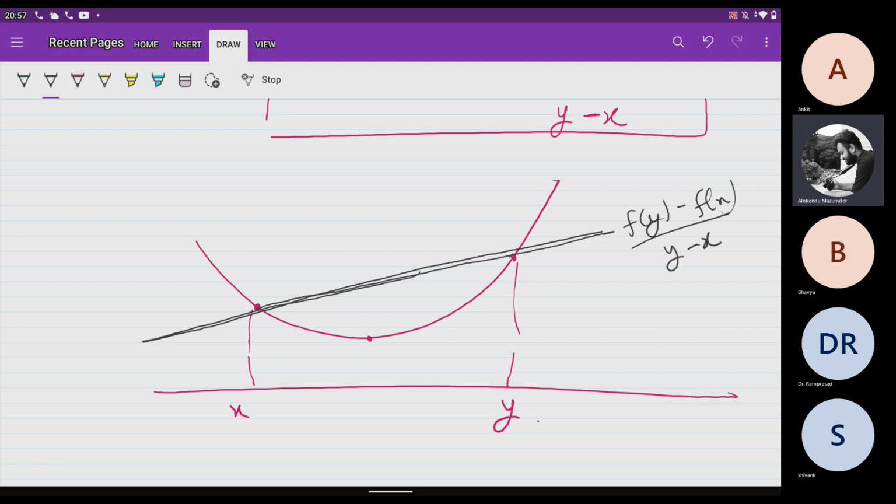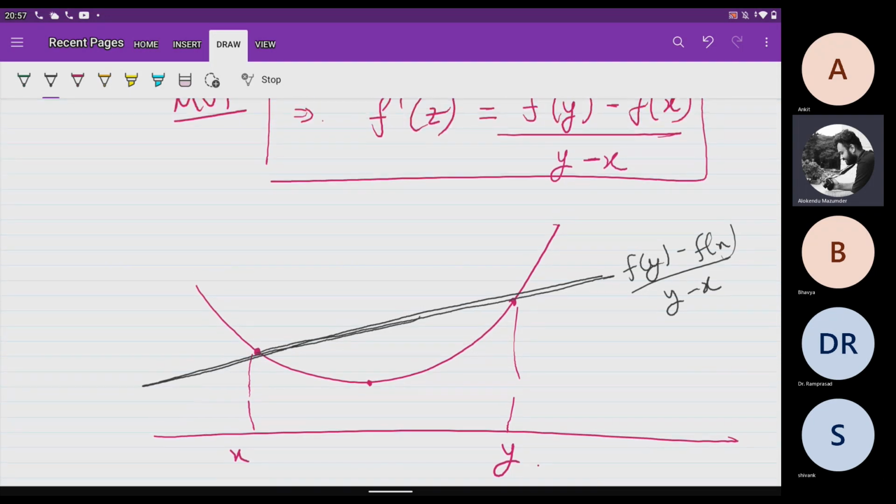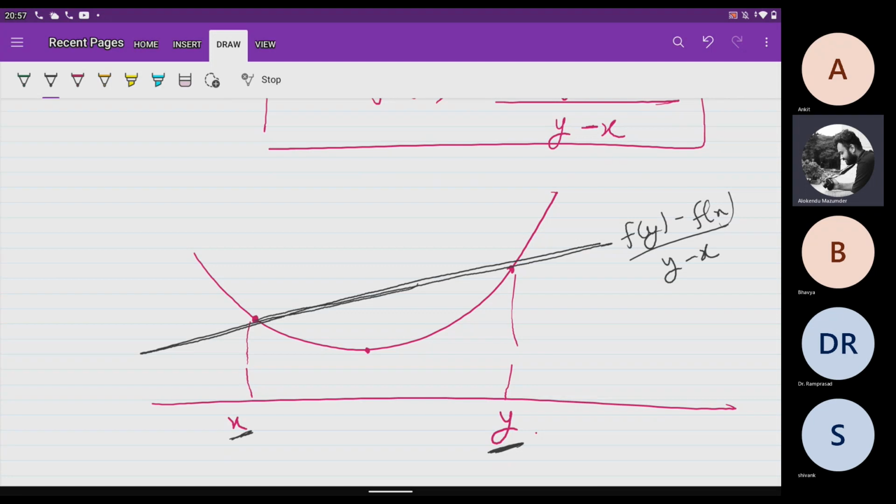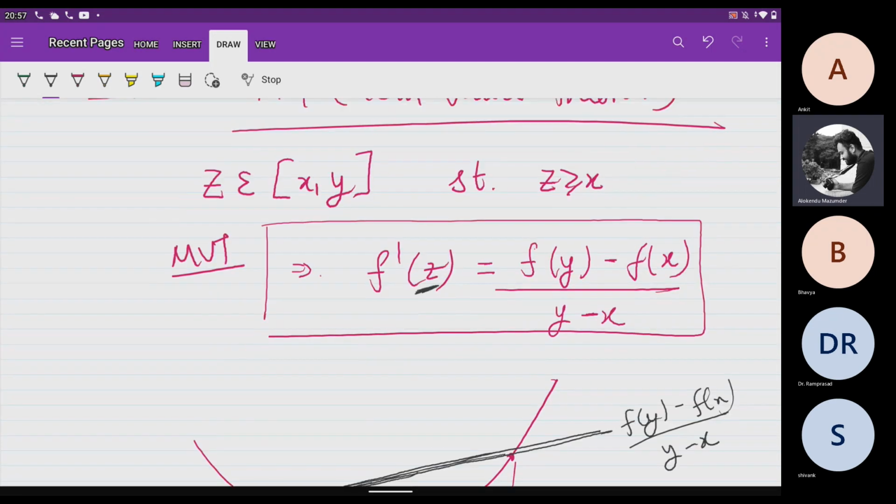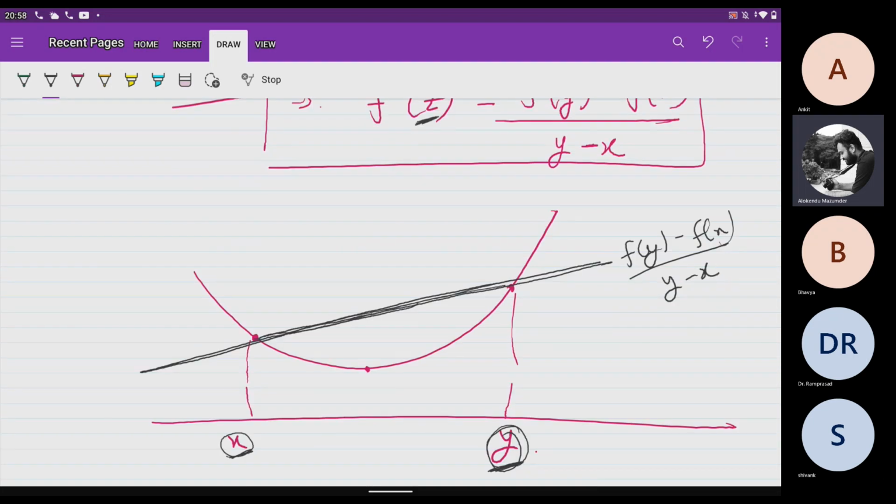So MVT says if f is a convex function, you choose 2 points x and y and join them with a line, then between these 2 points there exists a point z such that the gradient at the point z will be parallel to this line.